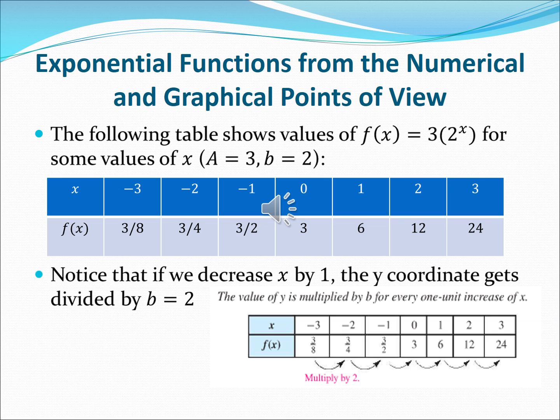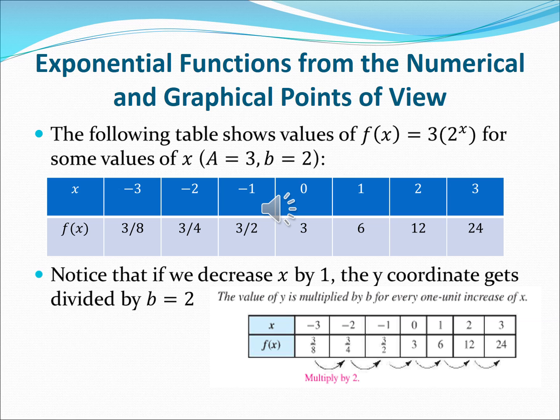Let a equal 3, b equal 2. When we plug in -3, the function spits out 3/8. When we plug in -2, we get 3/4. When we plug in -1, we get 3/2. When we plug in 0, we get 3, and so forth. And when we plug in 3, we get 24.